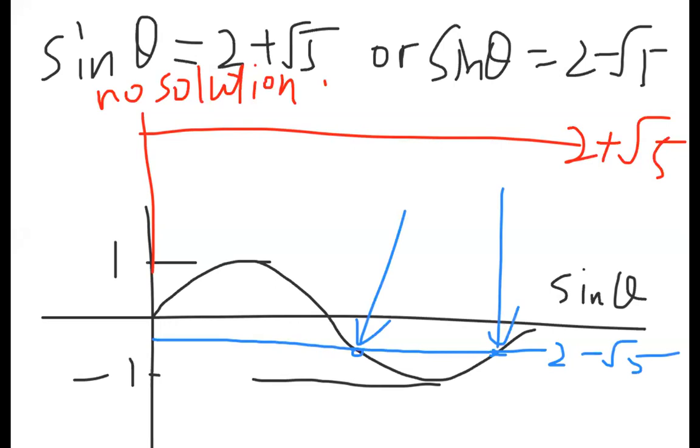Okay, so how do we find these intersections? First, we use the arcsine of 2 minus radical 5, and then we can find an angle. Use your calculator.